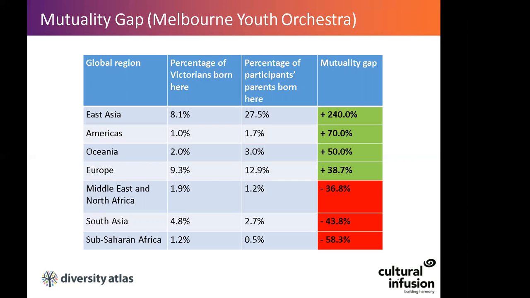For example, if you go to the bottom, the sub-Saharan African area, there was only 0.5% of the participants of Melbourne Youth Orchestra who represented that part of the world. But in other parts, for example Oceania, there was a much greater representation. So the mutuality gap varied with the students participating in the Melbourne Youth Orchestra's project. In total, about 500 students make up the various orchestras.